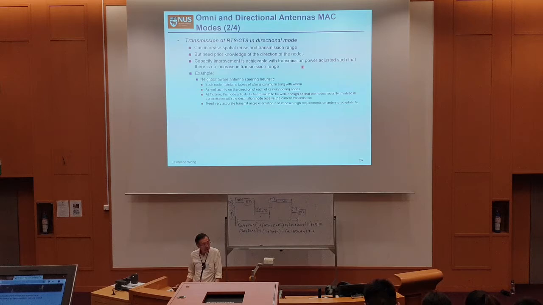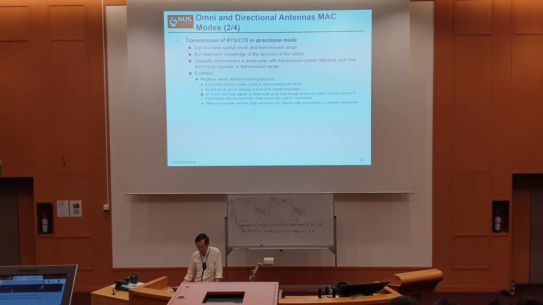Nothing comes for free. You can get improvements in the capacity because of the spatial reuse. Here's an example: the neighbor-aware antenna steering heuristic. This is an example of one method in which to share that information. Each node maintains tables of who is communicating with whom, as well as information on the direction of each of its neighboring nodes.